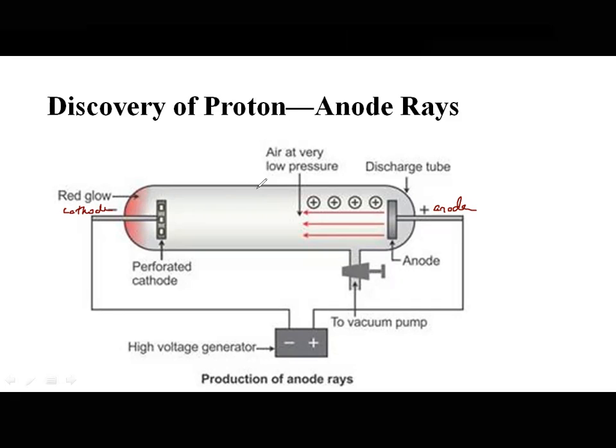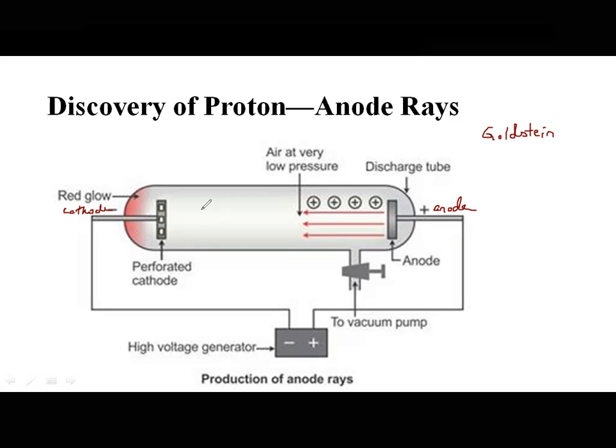How were anode rays produced? These were given by the scientist Goldstein. He did not change the experiment. He used the same experiment. The only thing he did was use a perforated cathode, that means the cathode had holes.